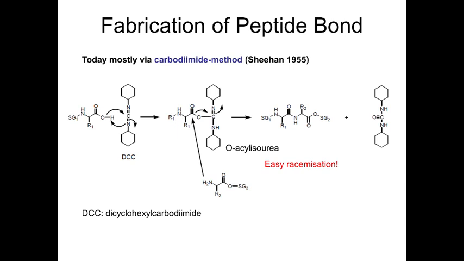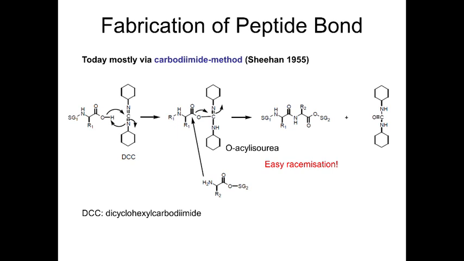The most common reagent that is used to activate a carboxylic acid group is DCC, and DCC stands for dicyclohexylcarbodiimide. Once the carboxylic acid group reacts with DCC, it forms an O-acyl isourea compound, and in this case the carboxylic acid group is activated in such a way that nucleophilic attack of the second amino acid leads to the formation of the peptide bond.